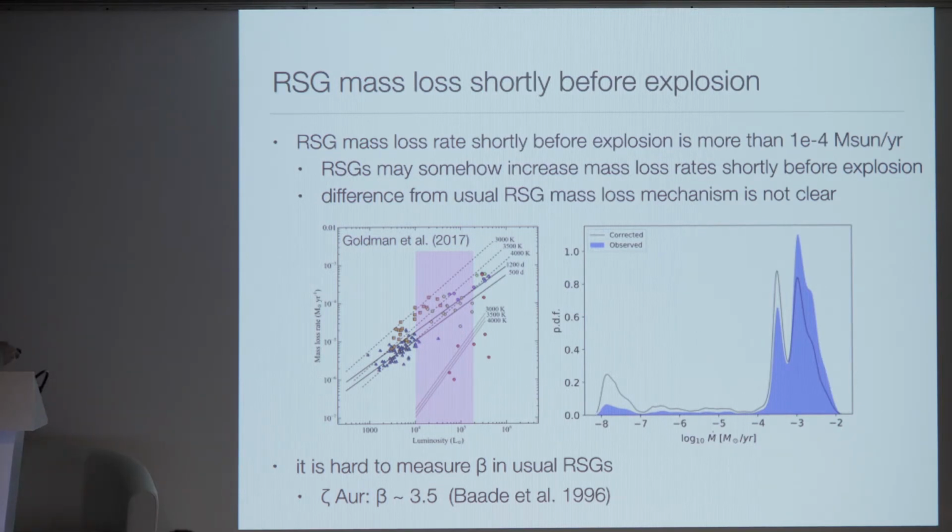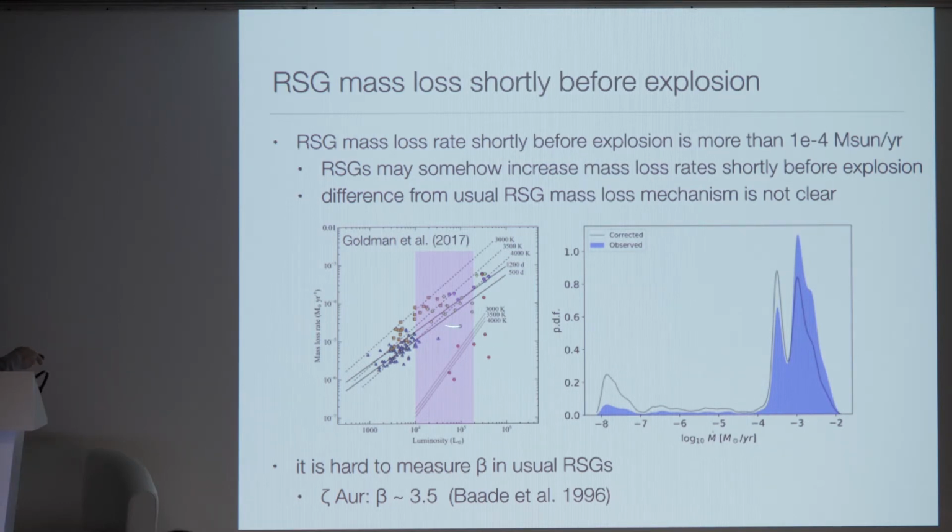As I showed on the first slides, this is the mass loss rate, a similar figure to what I showed before, and red supergiant mass loss rates go up to 10 to the minus 4 solar mass per year or so. This is in the range of the supernova progenitor luminosity. But what we found is for the red supergiants that explode.